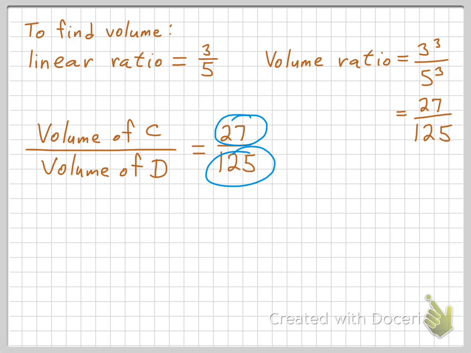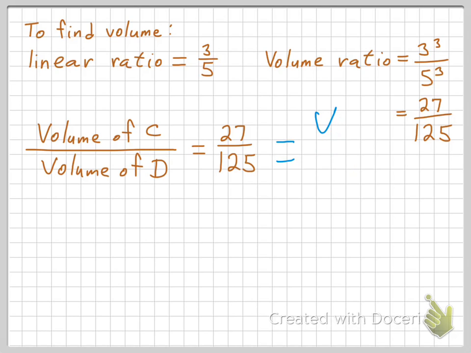Okay? And since everything in the numerator refers to C, then we have C on the top. So I'm going to be putting the volume of cube C on the top here. This would be the volume of cube C, and this would be the volume of cube D, right?